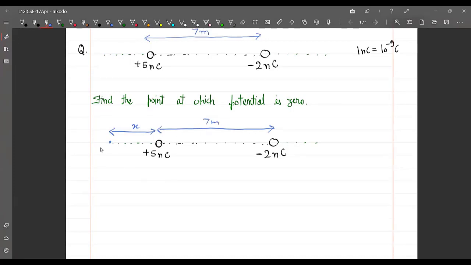So if I write the potential at this point P, it will be k into q by x minus k into q by x. So if I calculate this, 5 by x, this will be x plus 7. No? Instead of 7, it will be 7 plus x.